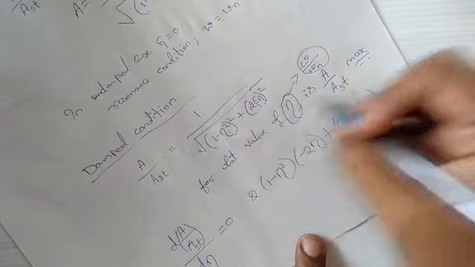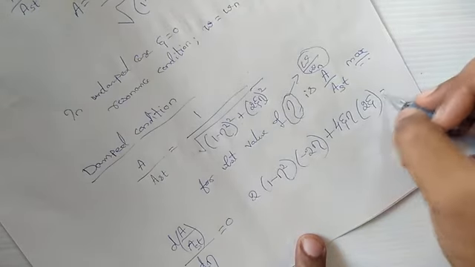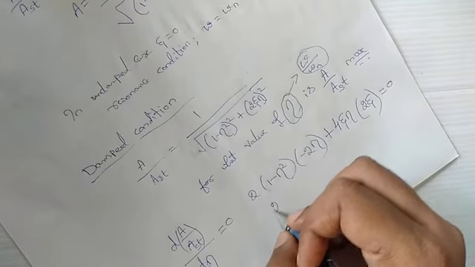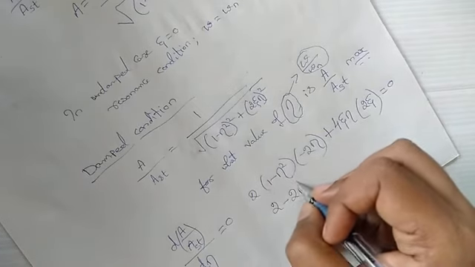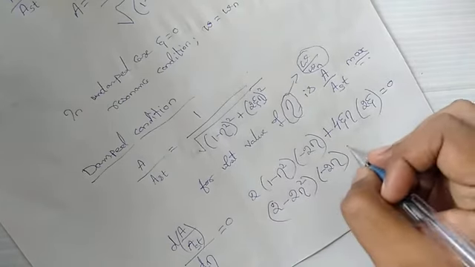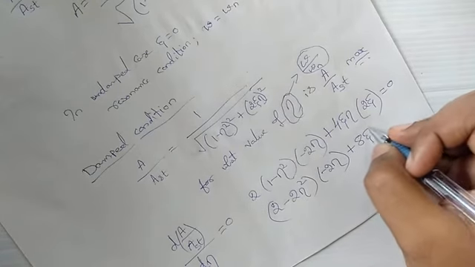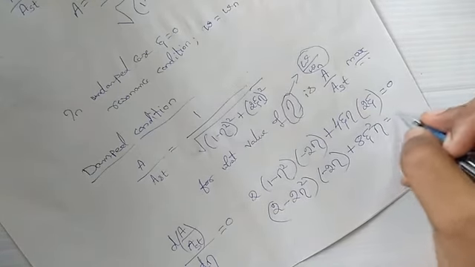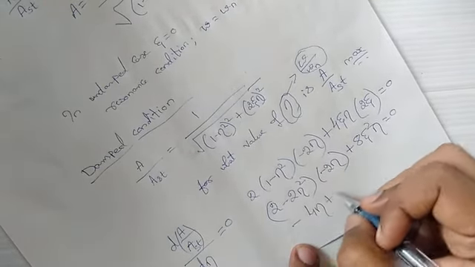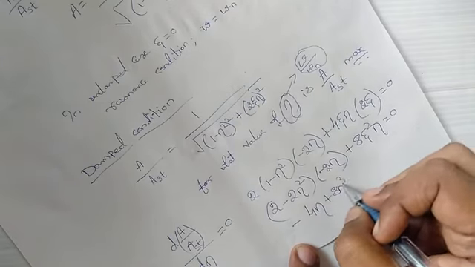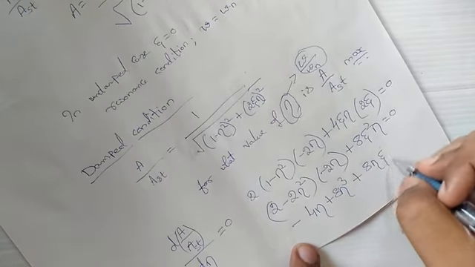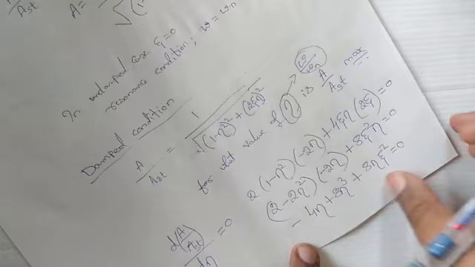So for 2 zeta eta, the differentiation is 2 zeta, equal to 0. So this would be 2 minus 2 eta square minus 2 eta plus 8 zeta square eta equal to 0. So this is minus 4 eta plus 8 eta cube plus 8 eta zeta square equal to 0.